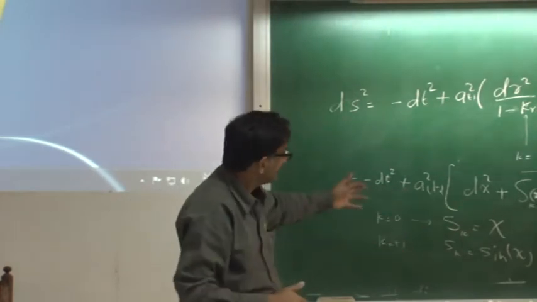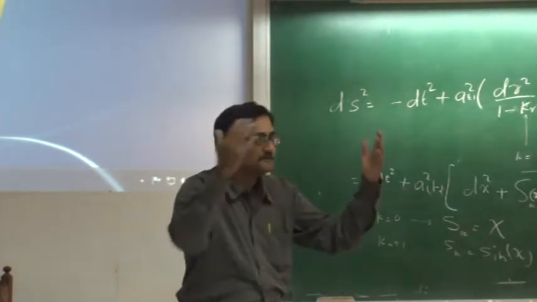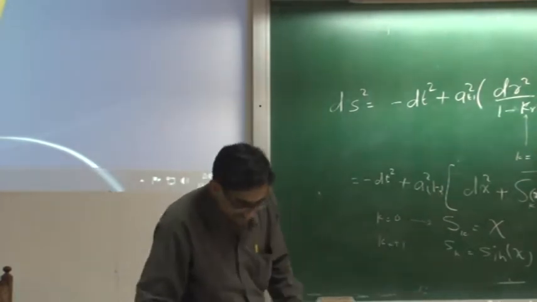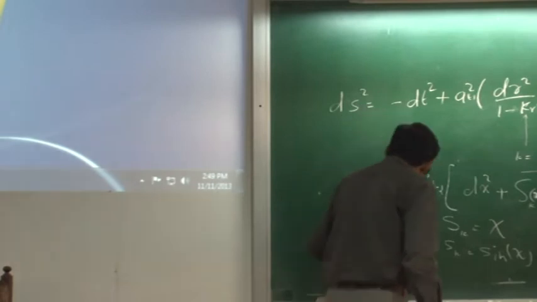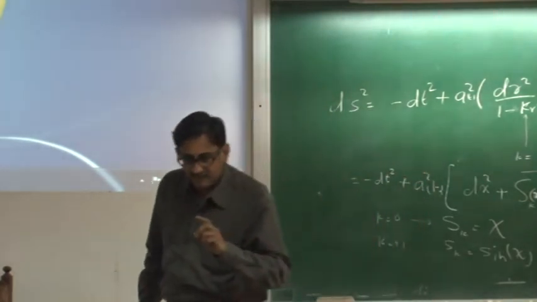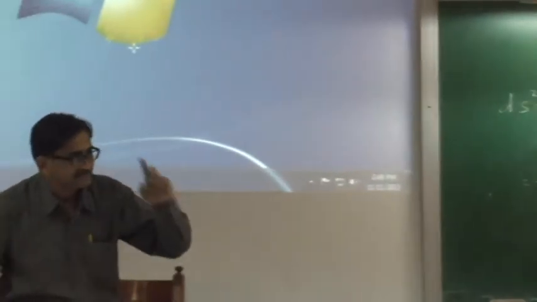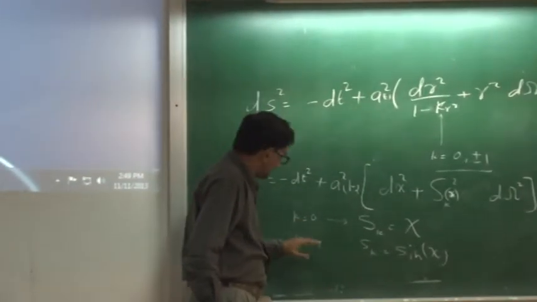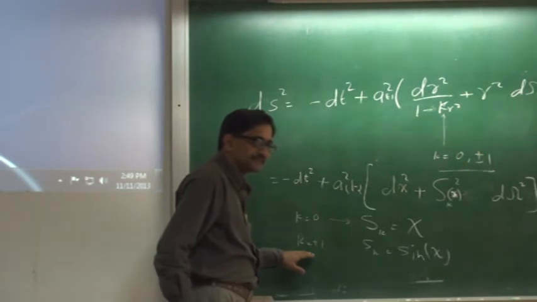So in this case, at a constant time, the hypersurface is just the Cartesian space. These two have an analogy with 1 plus 2 dimension. As I said, this corresponds to a rubber sheet, and this corresponds to an expanding or contracting sphere.